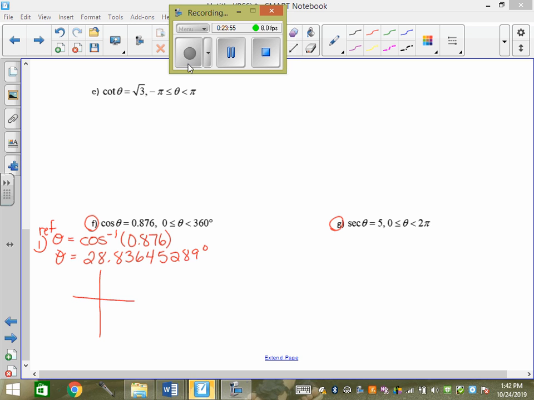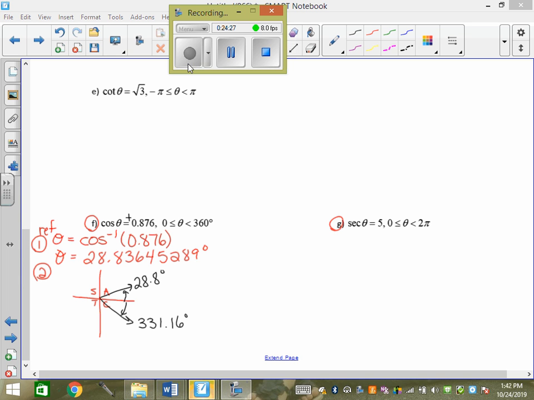Step 1, reference angle. Step 2, CAST rule. So cos is positive, so here, in All and in C. This one is the answer. This one's 360 minus the answer. Which is 331.16 degrees, or 331.2.